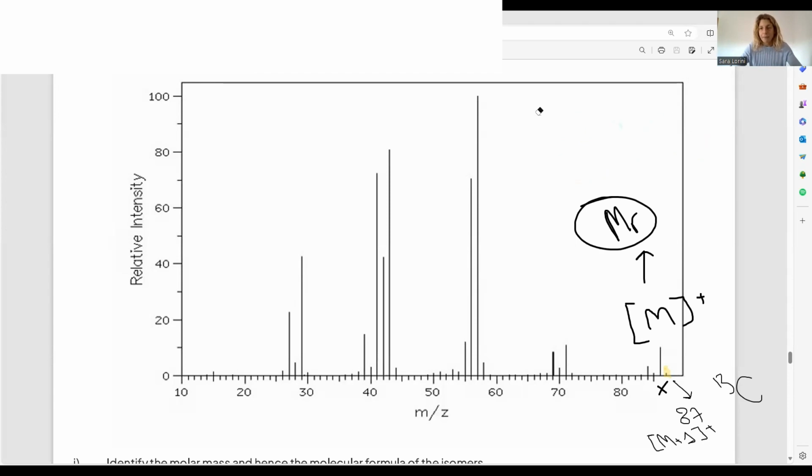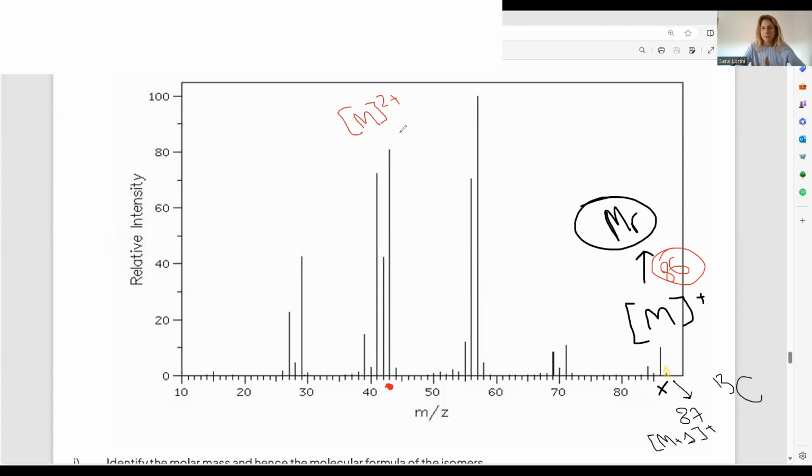Okay. The third very tricky one is, what if the molecular ion is at 86 mass to charge ratio, but as you can see, you have many other peaks. You have one at 43, pretty high. If that doesn't correspond to a fragment, it could correspond to the molecular ion but with a 2 plus charge.